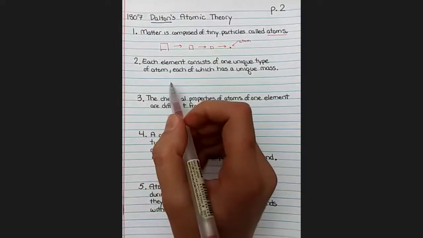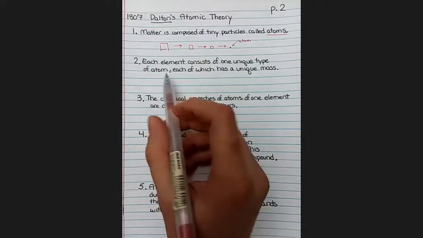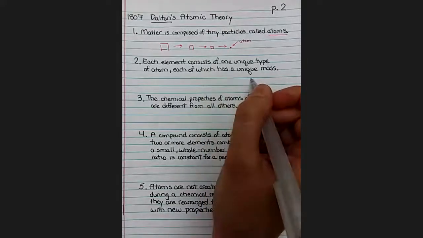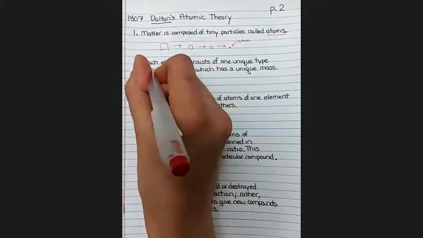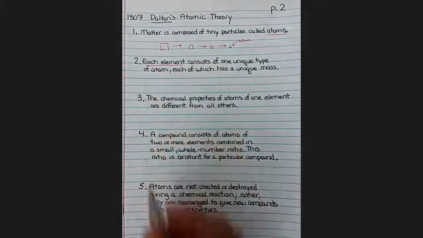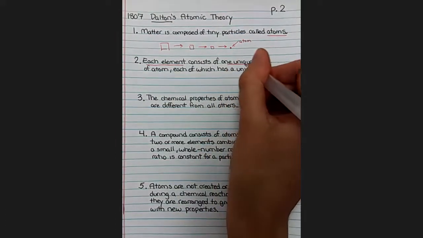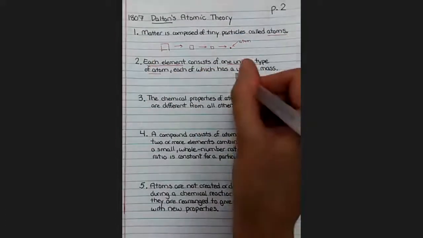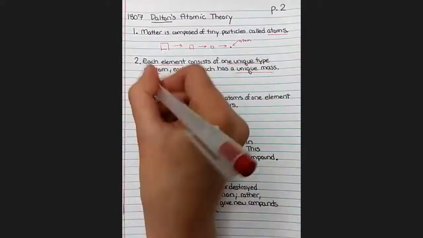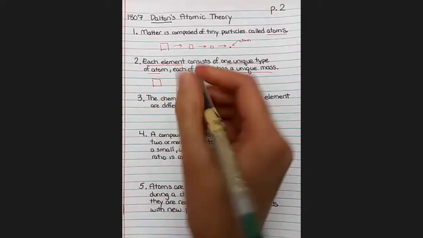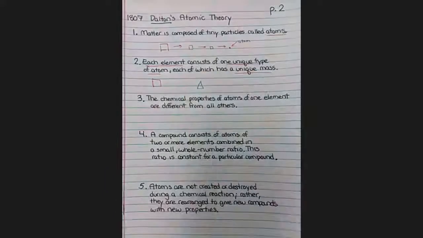The second facet of Dalton's atomic theory is that each element consists of one unique type of atom, which has a unique mass. So an element, that's one element from the periodic table. Every different element has one unique type of atom with a unique mass. So you might have an element with one mass, or you might have a carbon atom with a different mass.